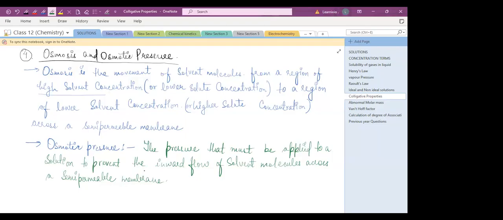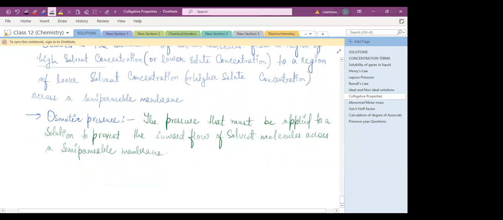And basically, there are two types of semi-permeable membrane. Membranes are of two types, right? First is natural, you can just write it down, and second is artificial, which is chemical based.